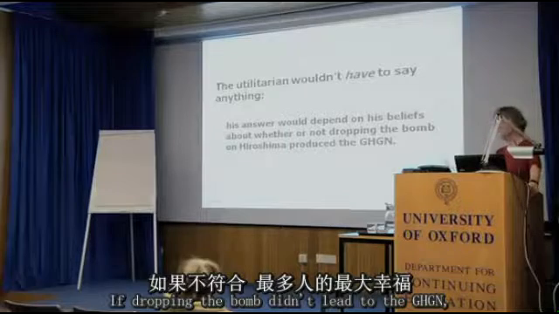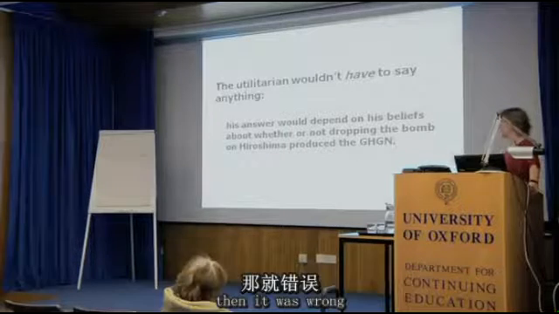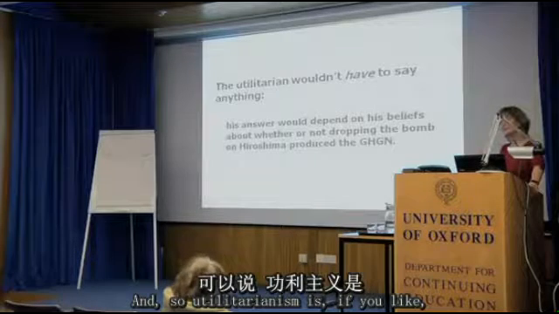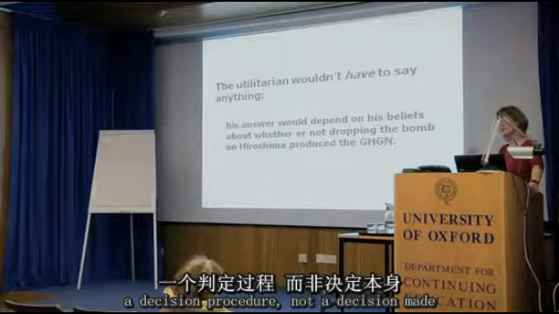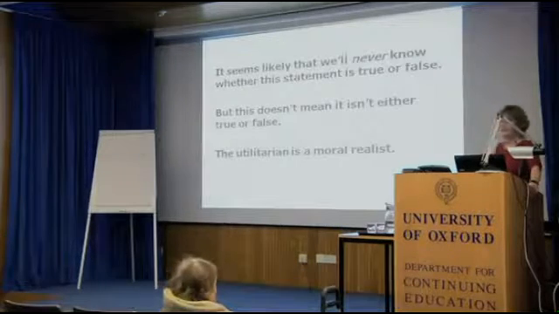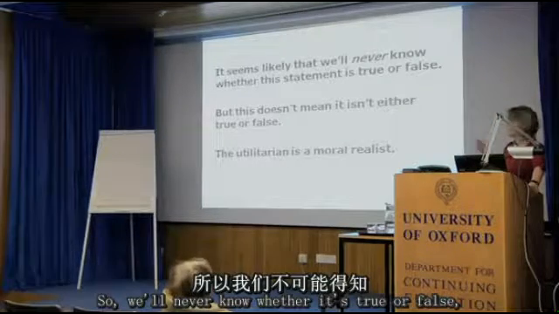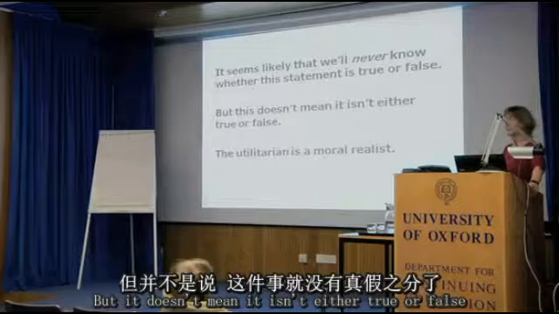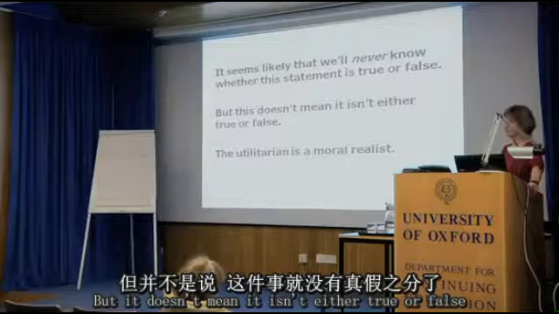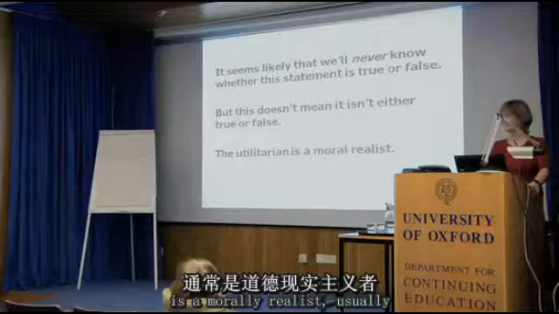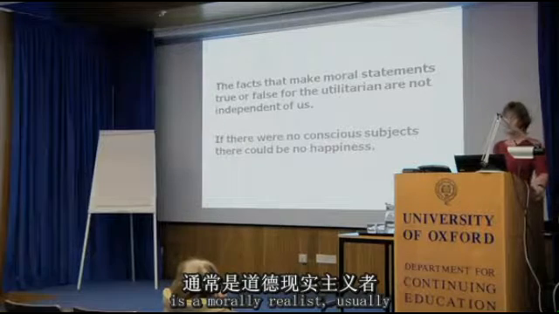If dropping the bomb didn't lead to the greatest happiness of the greatest number, then it was wrong. And so utilitarianism is, if you like, a decision procedure, not a decision made. So we'll never know whether it's true or false, whether dropping the bomb was the right thing to do or not, but that doesn't mean that it isn't either true or false. The utilitarian can be a moral realist, is a moral realist, usually.